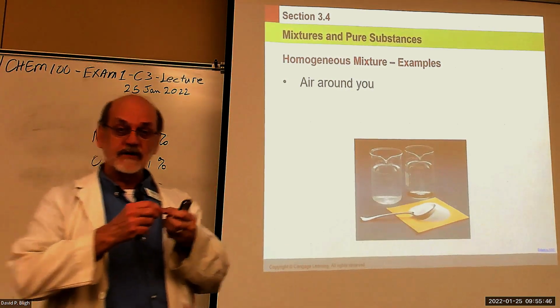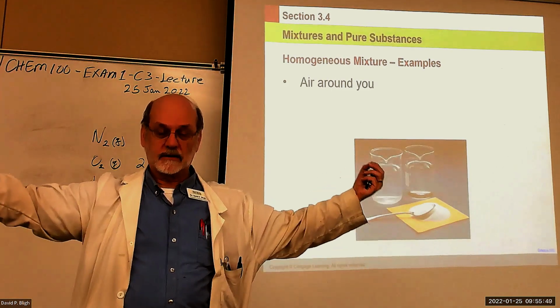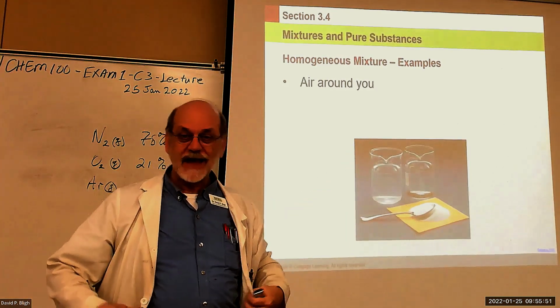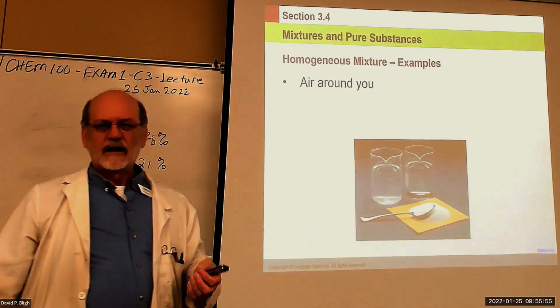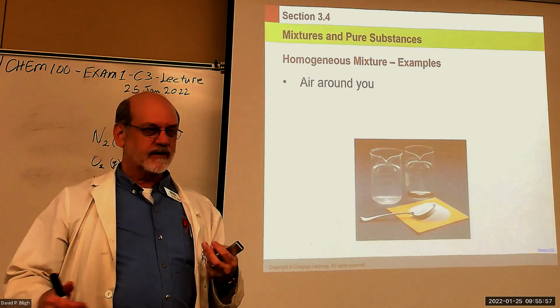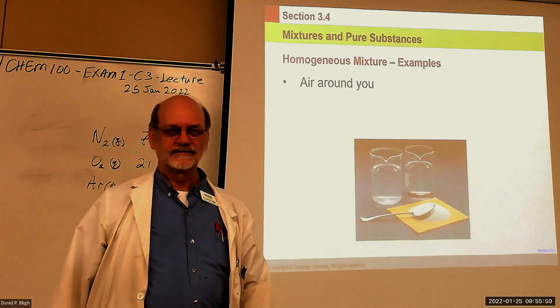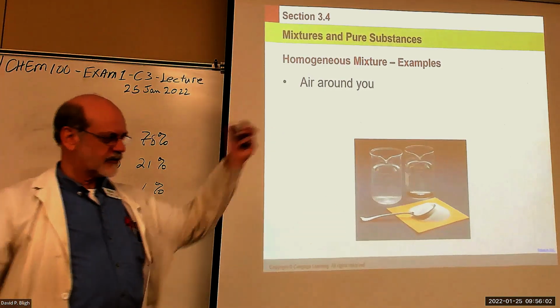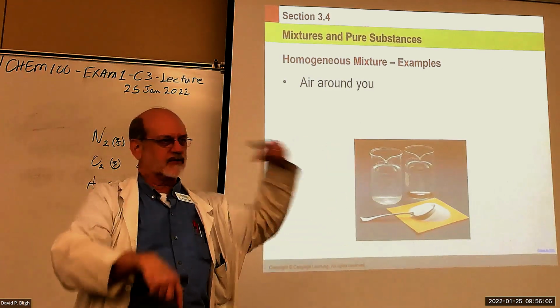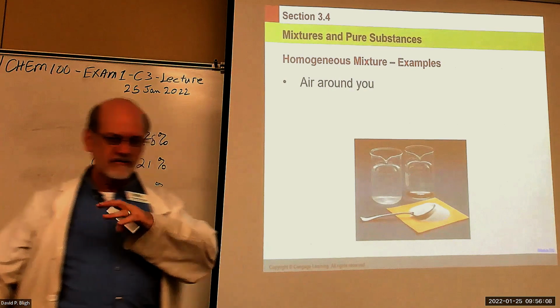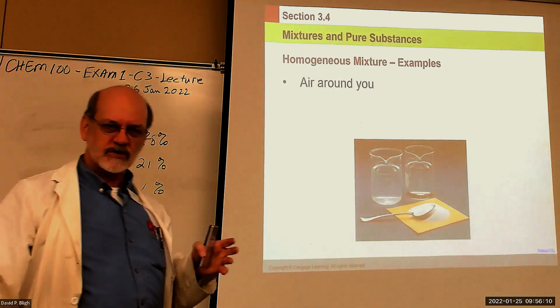Well, you just take the individual particles and separate them way far apart. Makes a gas. They don't interact with one another significantly. So if you put two of them together, there's plenty of room for everybody, right? You got oxygen here and oxygen here. Throw a little bit of nitrogen in there, it just goes into gaps between. No problem. We have a solution, a homogeneous mixture of gases.